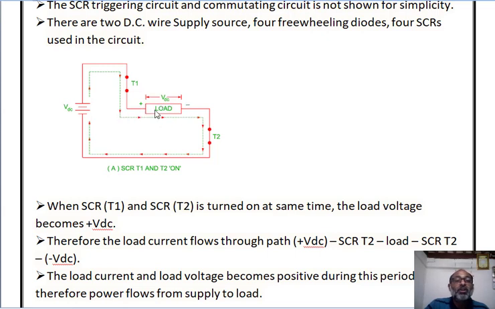Therefore the load current flows through the path from plus VDC to SCR T1, then load, then SCR T2, then negative VDC. Here the load current and the load voltage both are positive during this period. Therefore the power flows from source to load. That means the source gives power to the load.